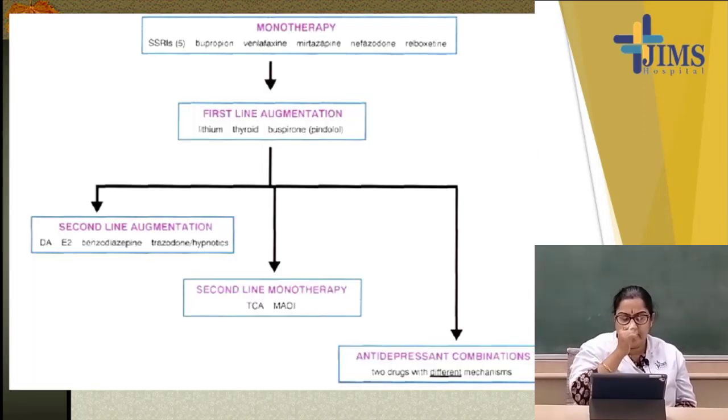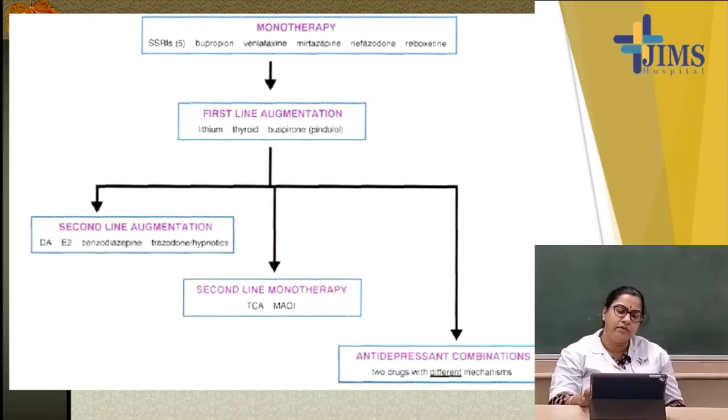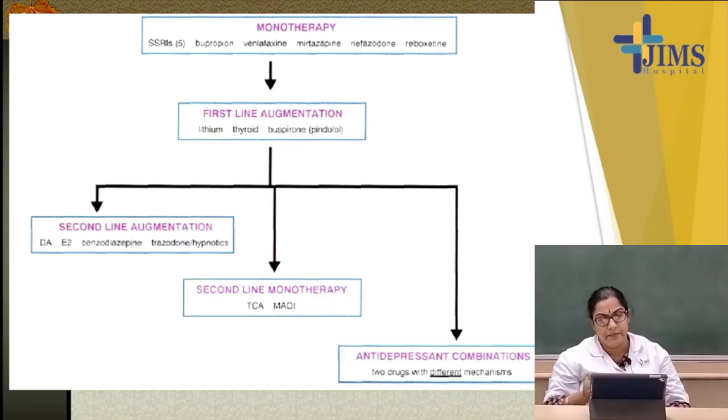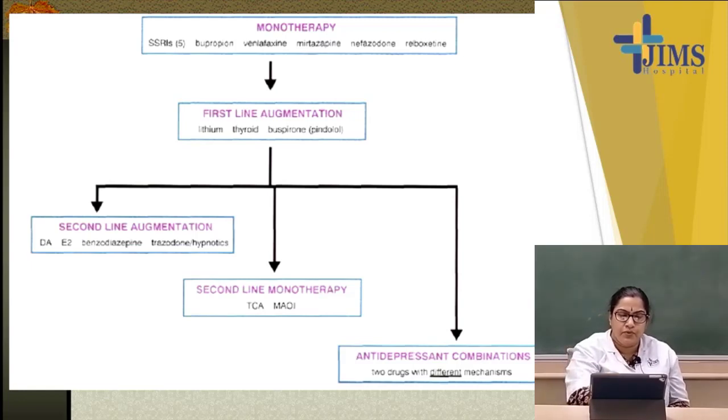So here is the chart. How should the antidepressant be given? If monotherapy is given, it can be given with the SSRIs, that is the serotonin reuptake inhibitors like fluoxetine. Otherwise, we can give bupropion, an atypical drug, venlafaxine, mirtazapine, nefazodone, all of which are atypical drugs. Now we come to first line augmentation.